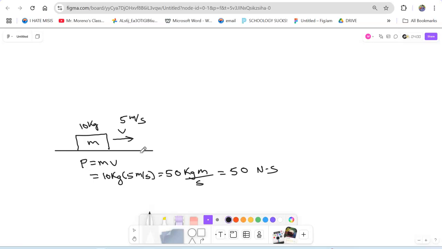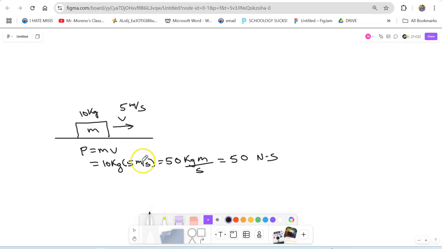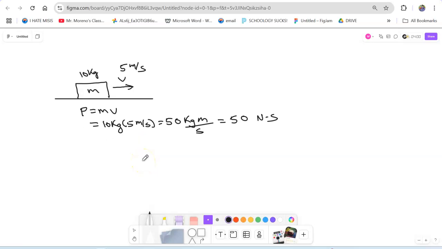If it was going in the opposite direction, let's just say instead of it traveling with a positive 5, it was going in the negative direction. Let's say it was going this way with a velocity of negative 5, and the mass again was 10 kilograms.